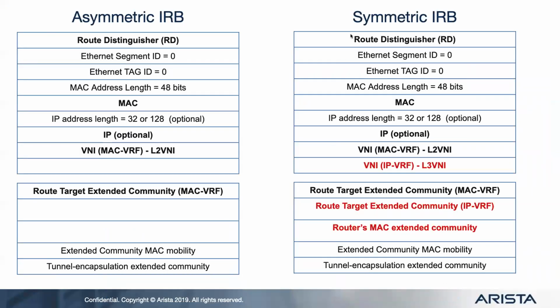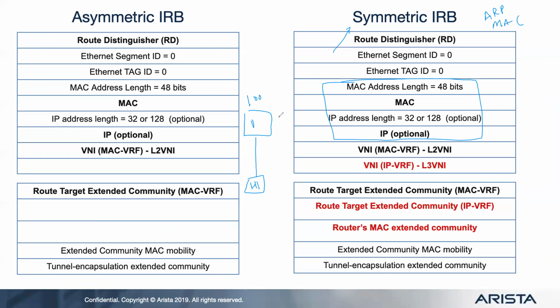When we advertise a type 2 route, it is when we learn ARP or MAC, right? So whenever you learn a MAC or ARP locally, you will generate this MAC and ARP information. Let's say this is your VTEP 1, and this is host H1 in VLAN 100.